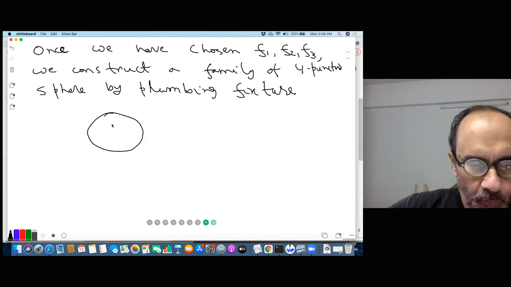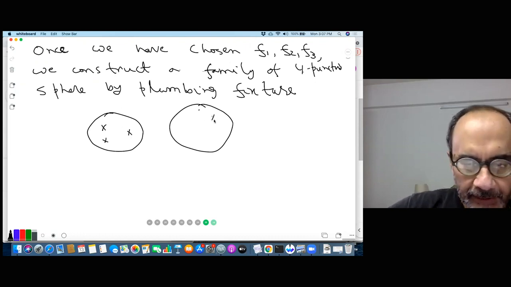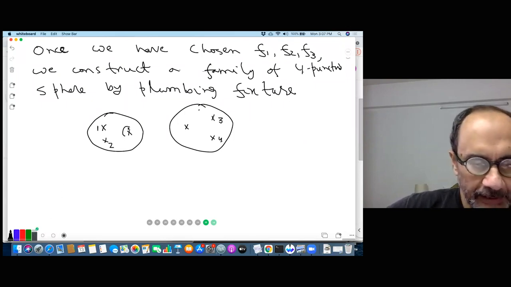Which means that you take 2 of these 3-punctured spheres. The local coordinates are fixed already, given by f1, f2, f3. And because you have symmetrized, it doesn't matter which one you use. Let's call the punctures 1, 2, 3, 4. Here it doesn't matter which one you are choosing.